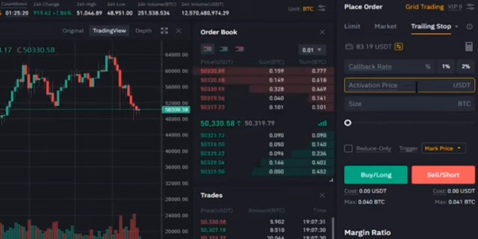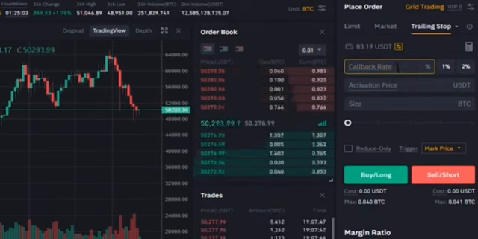But trailing stop loss follows the price and automatically moves up or down based on the direction that you place this order. Here we have callback rate, which is actually the distance that our trailing stop follows the price. It's set based on percentage and it's also called trail percentage.